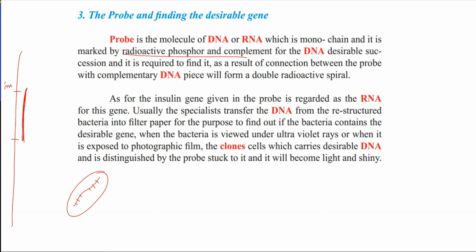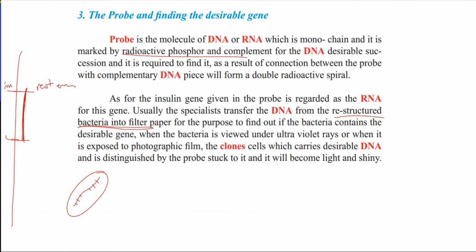usually the specialists transfer the DNA from the restructured bacteria. Then by restriction enzyme, we cut this piece of DNA and by a carrier transport it to what? Restructured bacteria, into a bacteria.